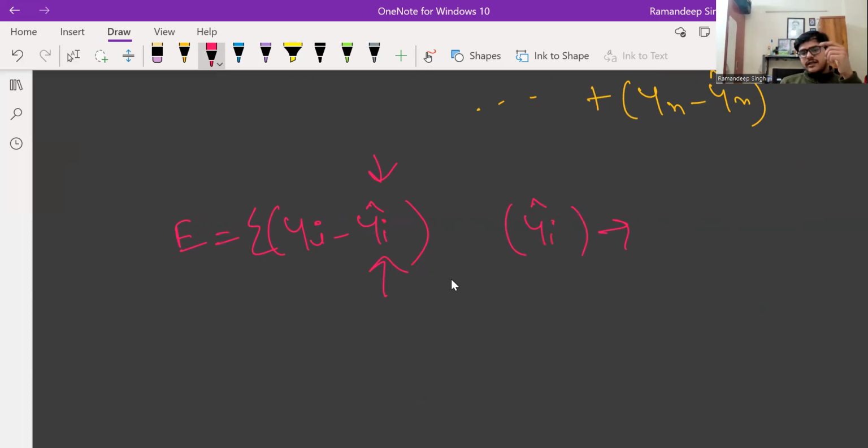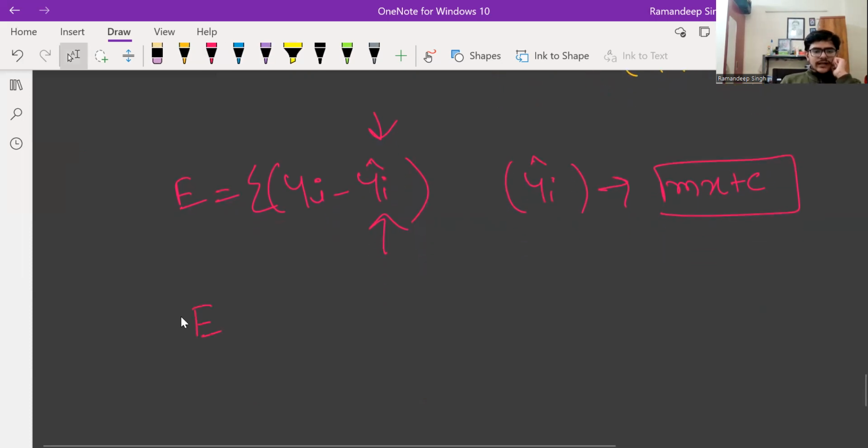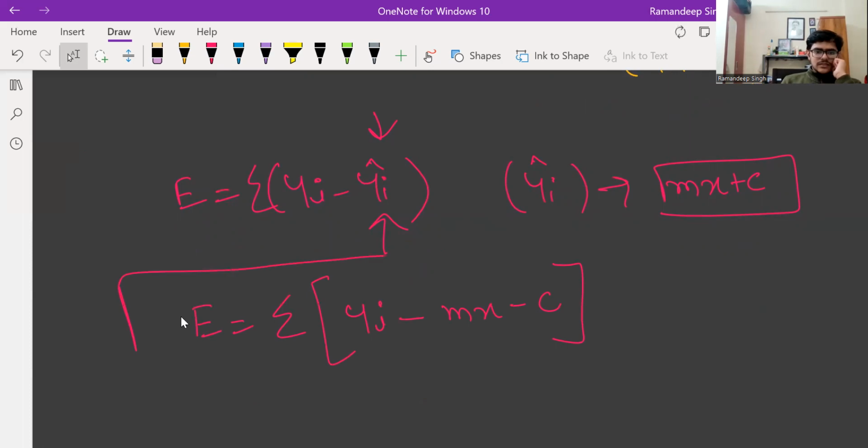Yi hat is nothing but mx plus c. I think I am clear at this point. So I can write it as summation of yi minus mx minus c, and this is my error function, which I will minimize.